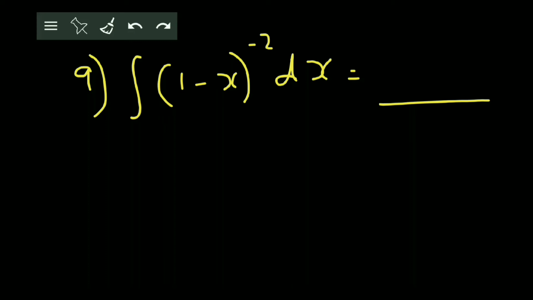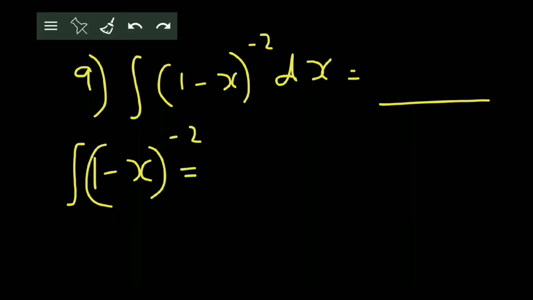So here, what is the integral of 1 minus x the whole raised to minus 2? We get it as 1 minus x the whole raised to minus 2 plus 1 upon minus 2 plus 1, using the formula for x raised to n.